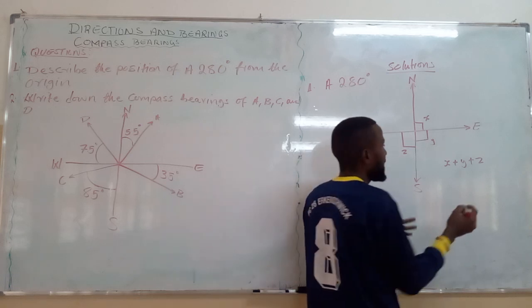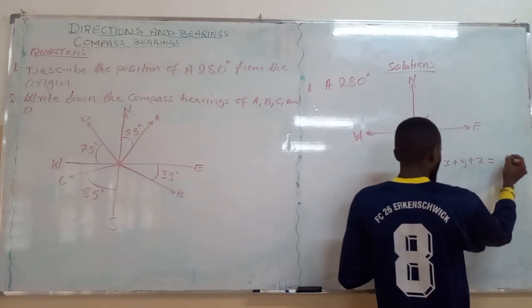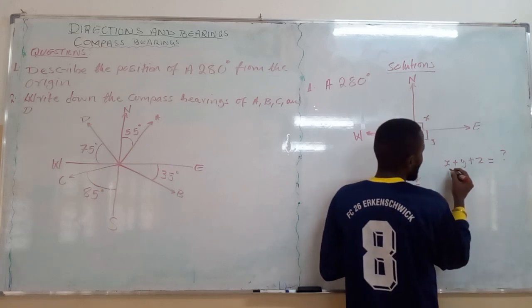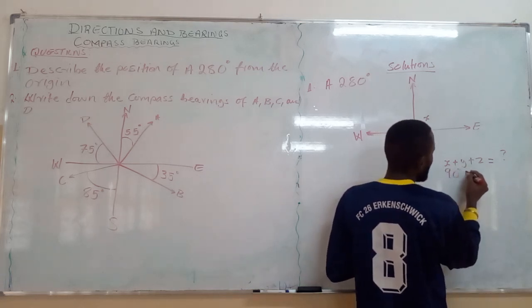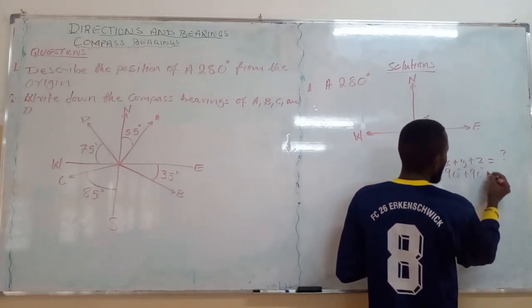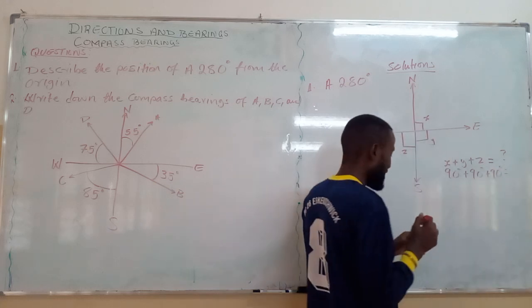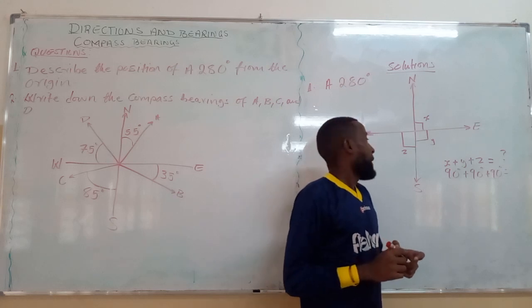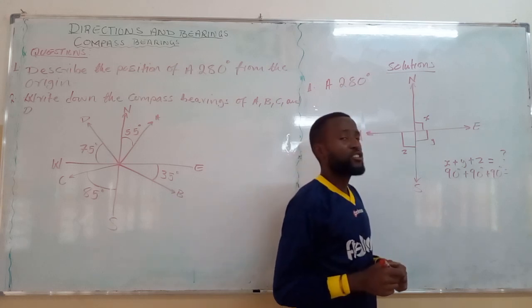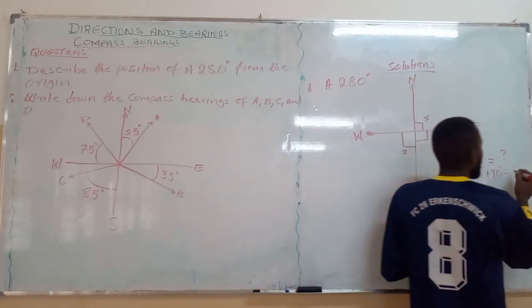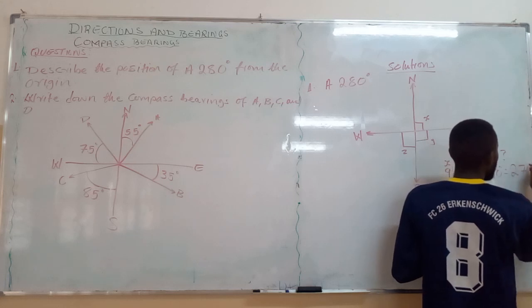So 90 degrees plus 90 degrees plus 90 degrees is equal to what? 90 plus 90 is 180. 180 plus 90 is 270. So it is 270 degrees.